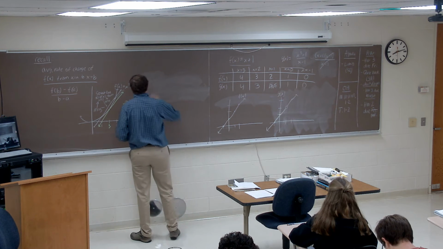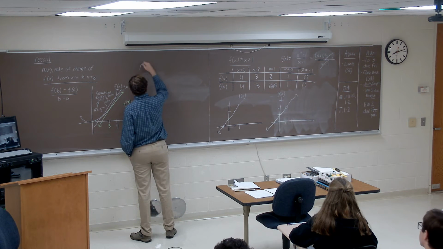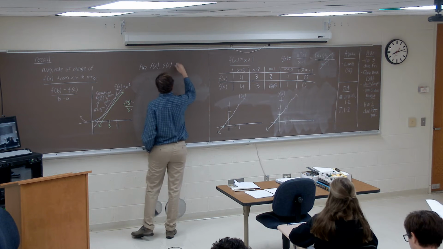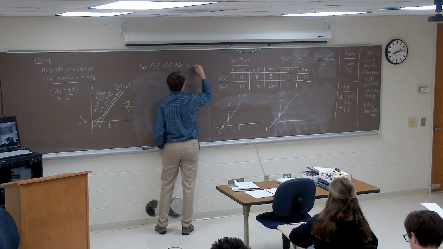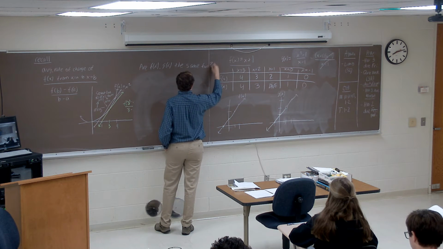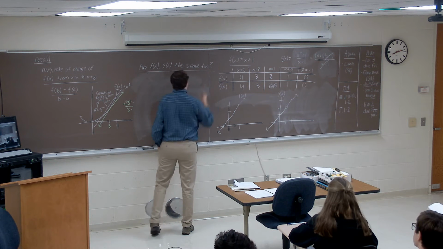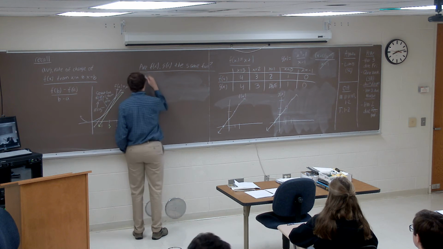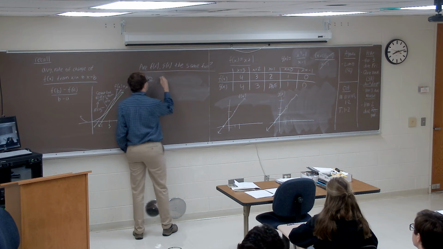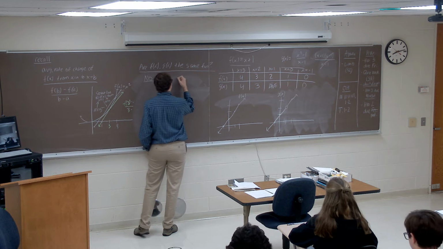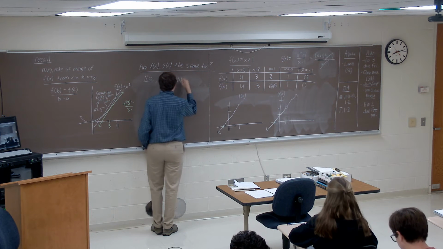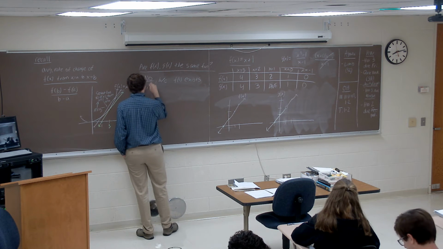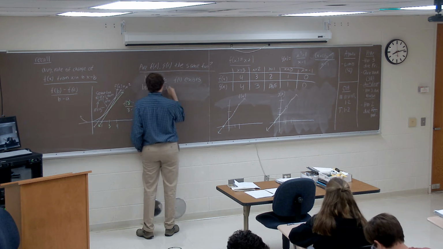So let's write this down. Are f of x and g of x the same function? I would say no, because f of 1 exists, but g of 1 does not.